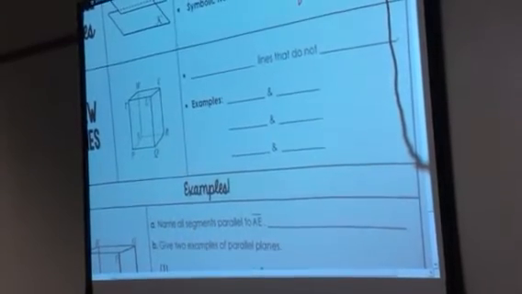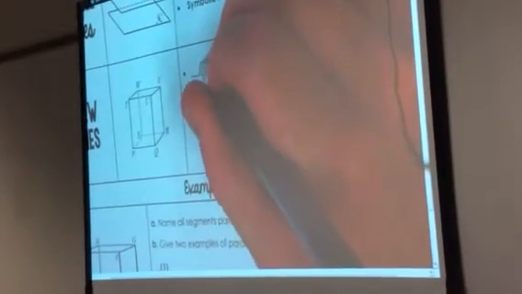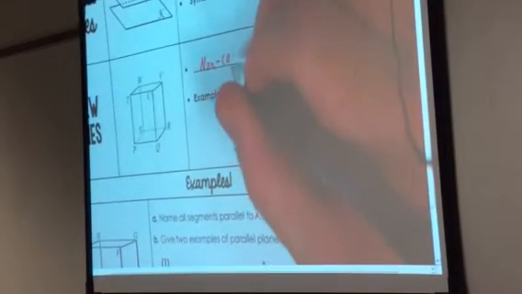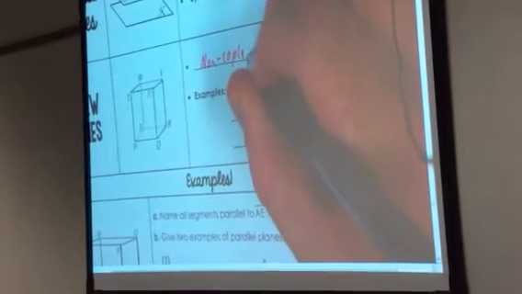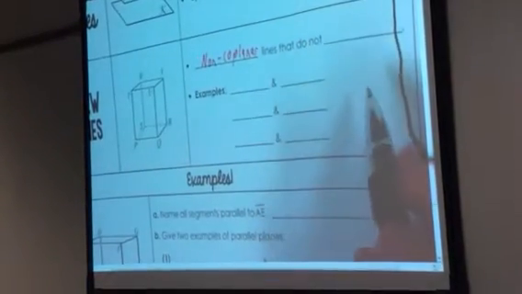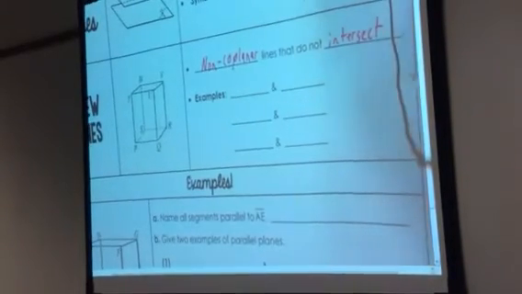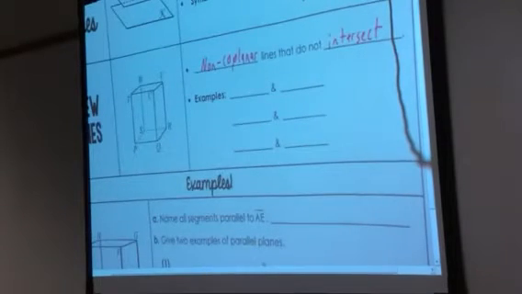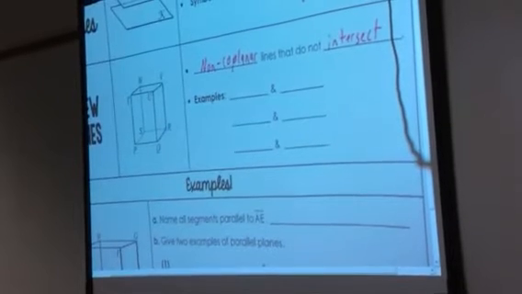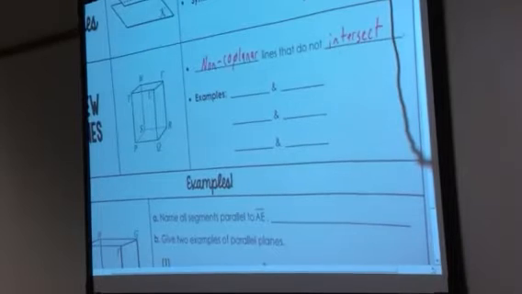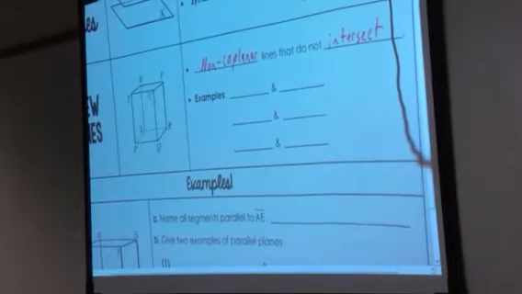How I talk about this, first of all, just to say the mathematical language, it would be non-coplanar lines that do not intersect. And what that means is these lines are not going to intersect, but just because they do not intersect does not necessarily make them parallel. And I'll show you some examples of that here in just a second.